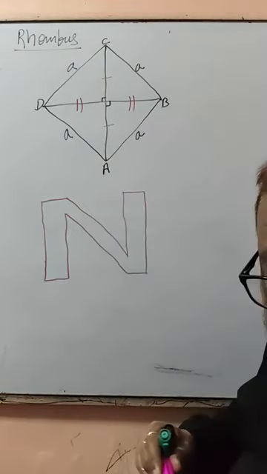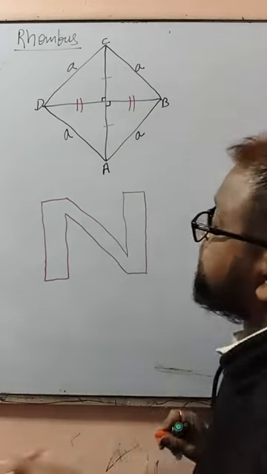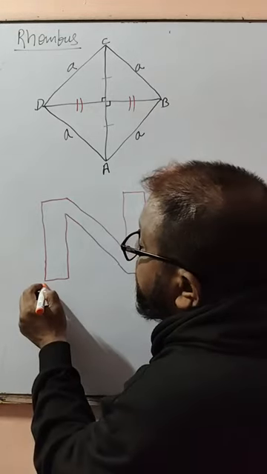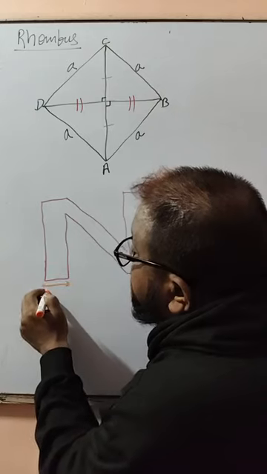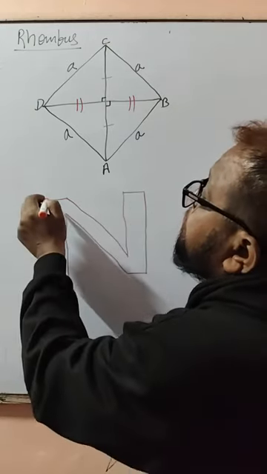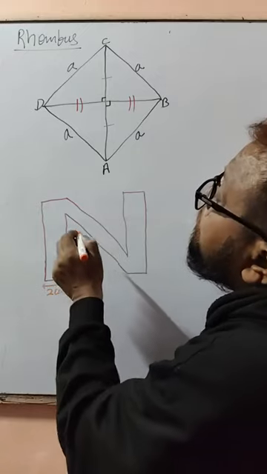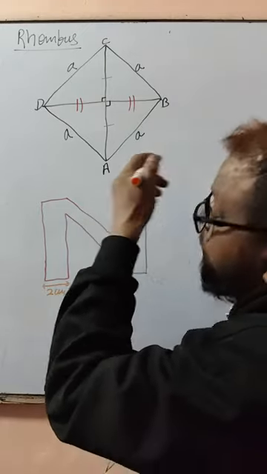What is the thickness given to you? What is the thickness? This one, huh? 2 centimeter. This is of 2 centimeter, on the inside also, huh? This is also 2 centimeters. Fine, okay.